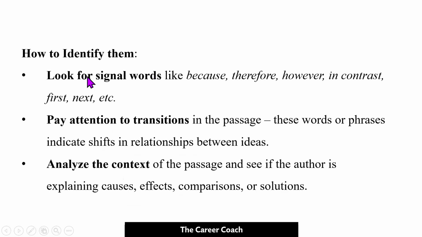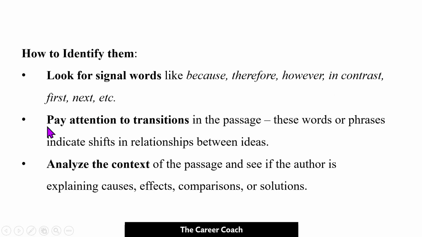How do we identify all this in the passage? So here is the key to identifying relationship patterns in a comprehension passage. Number 1, look for signal words. Signal words are words like because, therefore, however, in contrast, first, next, and so on.